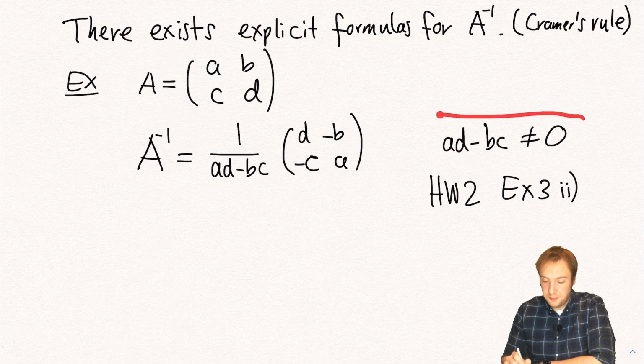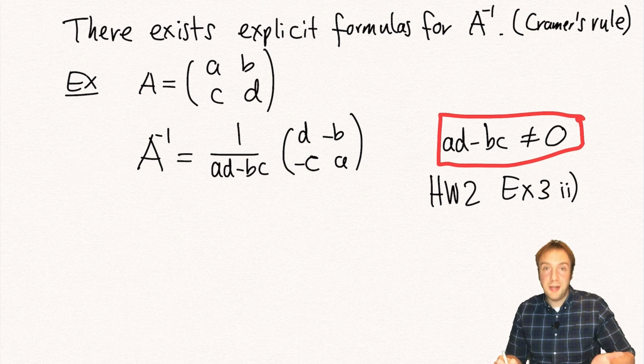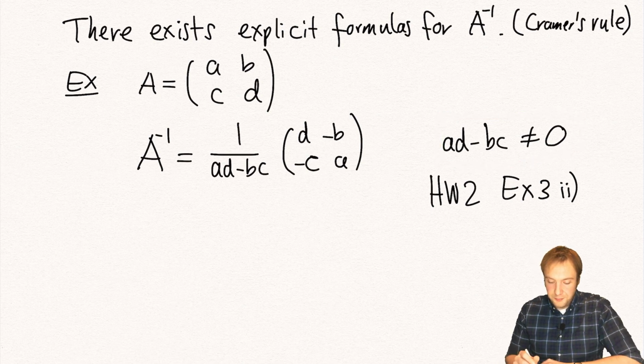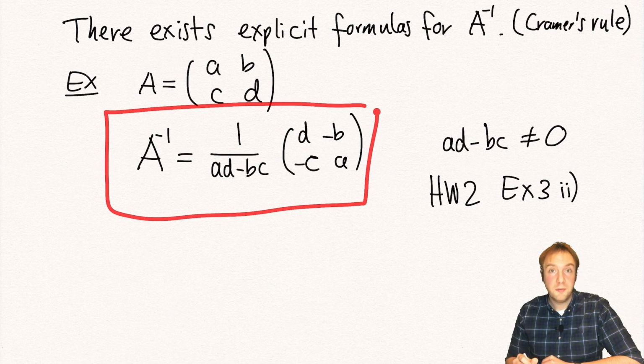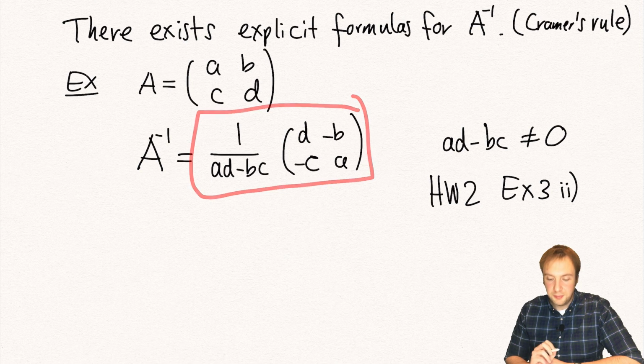So today we learned that if the rank is 2 of a 2 by 2 matrix, then this matrix is invertible. And here we can also see that this makes sense with this formula, because then we can write down the inverse explicitly by this formula here.